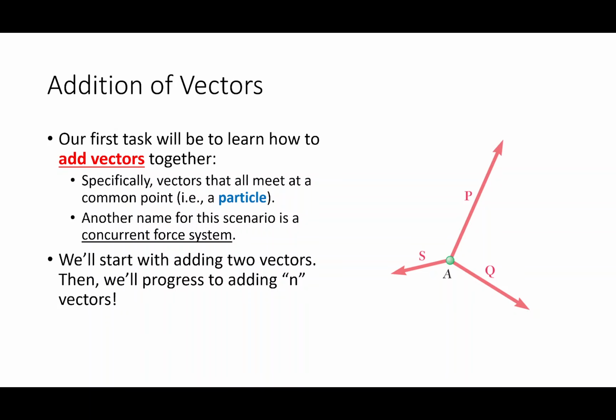We're going to start by learning how to add two vectors, and we'll do a lot of this graphically with trig, law of sines and law of cosines. Then we'll progress to adding n vectors together, a bunch of vectors. But we'll walk before we can run. So far so good?